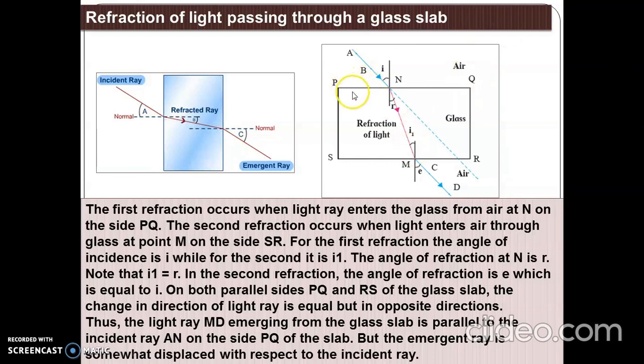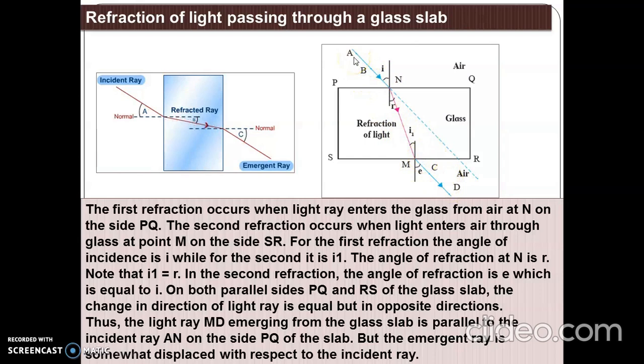So PQ is parallel to SR, and we can see that the change of direction of the light ray is equal. That is, I is equal to E, but in the opposite direction.